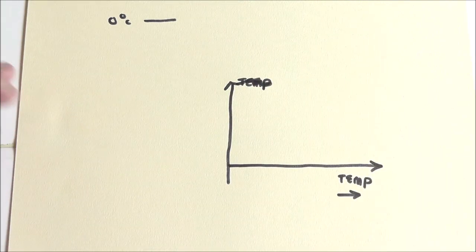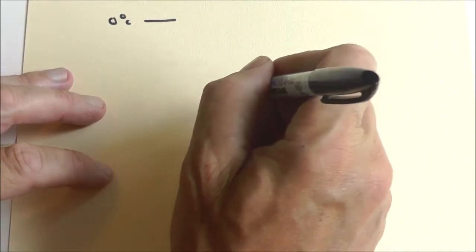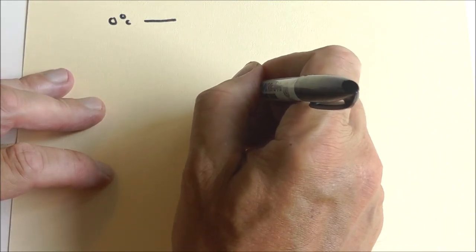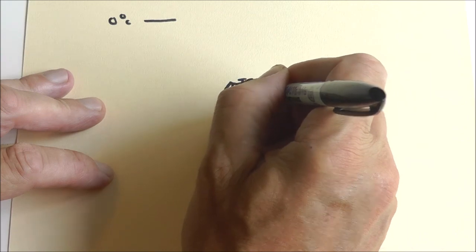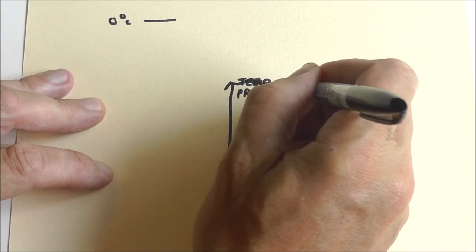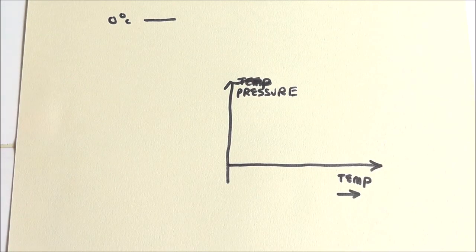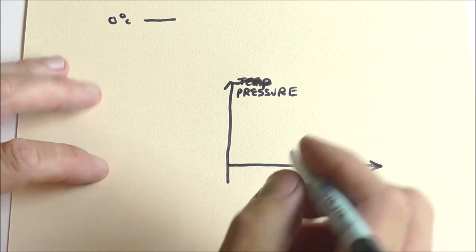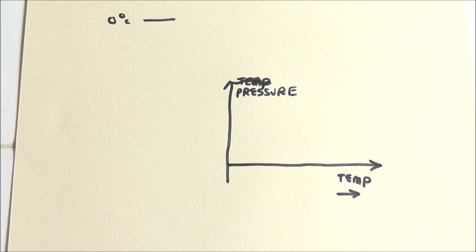Let's say this is molecular motion on the x-axis or the y-axis. Actually, we'll talk about the experiment we do. Let's say this is pressure of a balloon, or not even a balloon. You take a sample of gas, and you watch its pressure change as you cool it down. So then you'd have some sort of graph that would have a shape sort of linear.